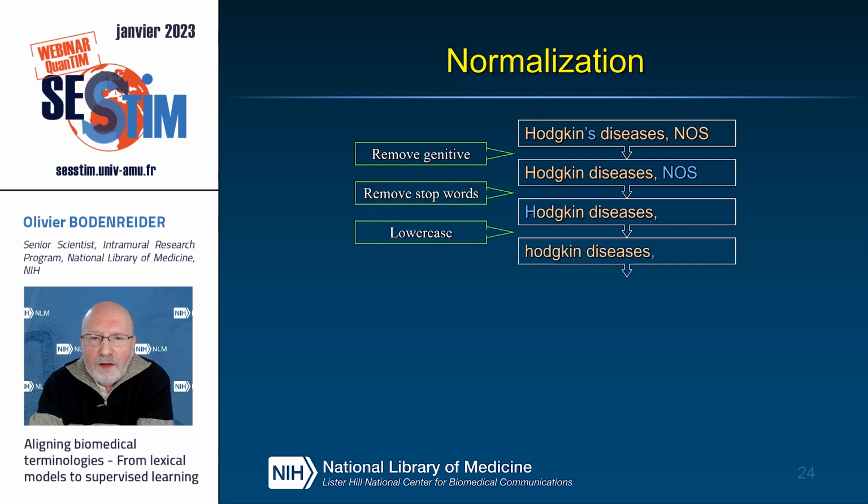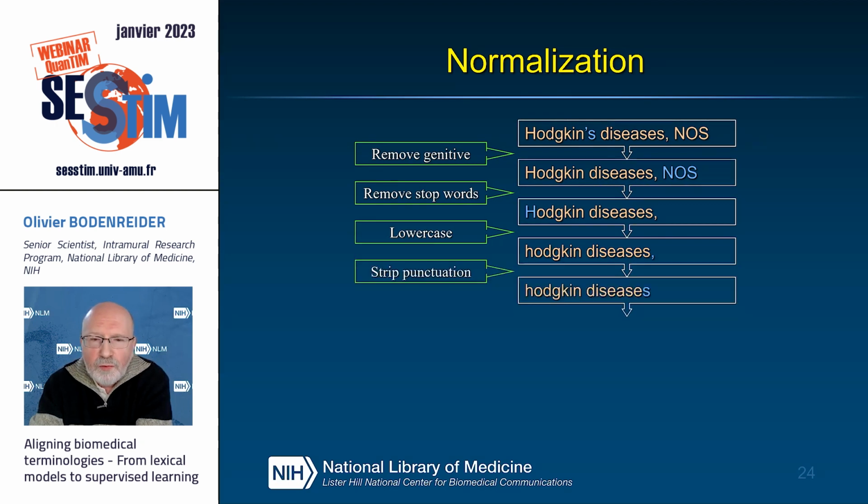Then we lowercase everything. In this case, the capitalization of Hodgkin was not accidental. It's an eponym, but it gets lowercased nonetheless. We remove the punctuation. We remove the singular and plural differences.